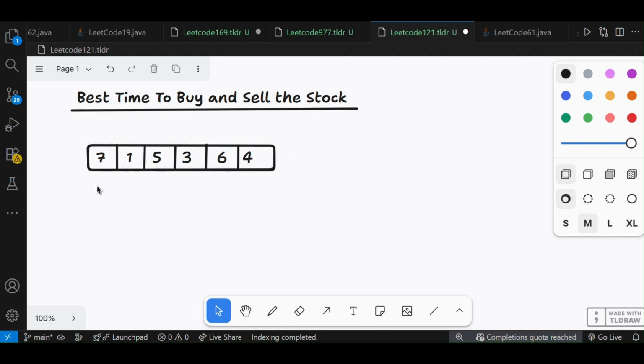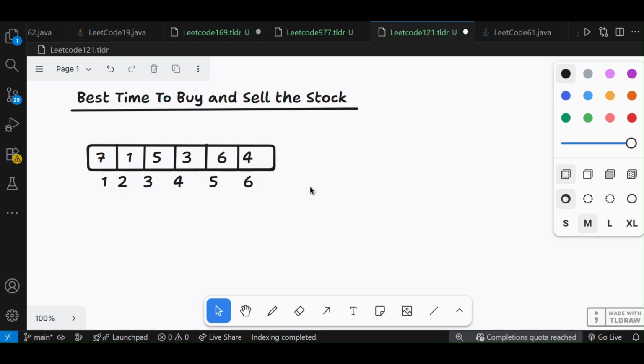On the first day, 7 is the price, on the second day 1 is the price of the stock, 5 is the price of the third day, 3 is the price of the fourth day, 6 is the price of the fifth day, and 4 is the price of the sixth day. So these are the prices according to our day.